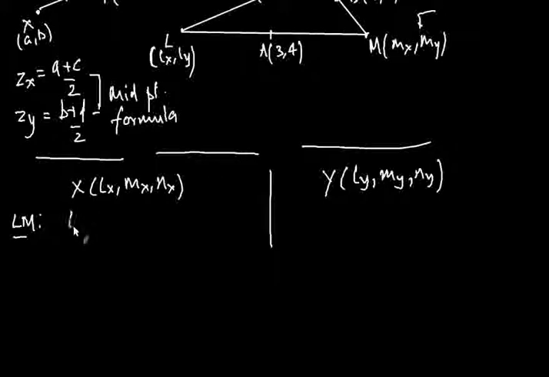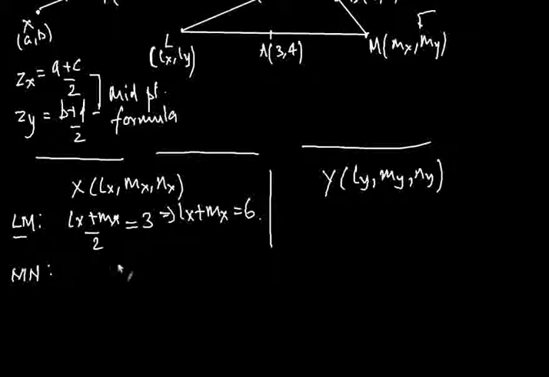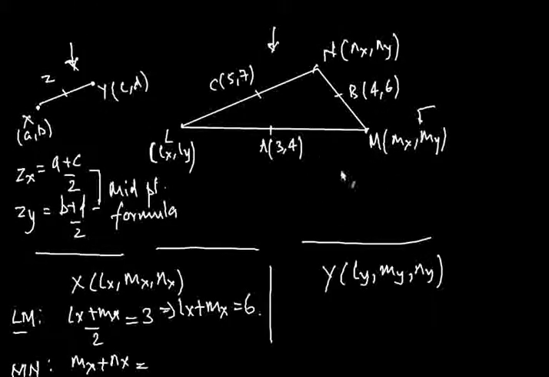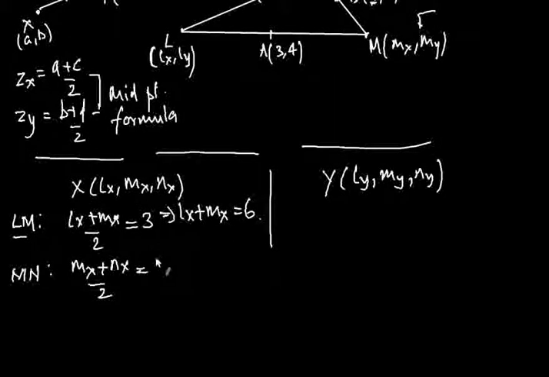Well, we know that Lx plus Mx divided by 2 is equal to 3, which is the x coordinate of A, which implies that Lx plus Mx is equal to 6. If we look at line MN, then Mx plus Nx by 2 is equal to 4, which is the x coordinate of B, which implies that Mx plus Nx is equal to 8.